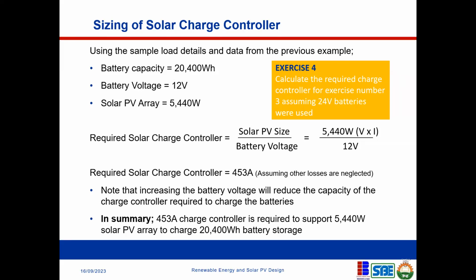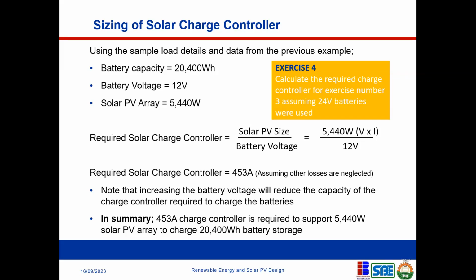So now this question is, if you record the answer we got in exercise number 3, I think we have 2,720 watts. So calculate the charge controller that we need to support that design. Exercise number 3, we had 2,720 watts.